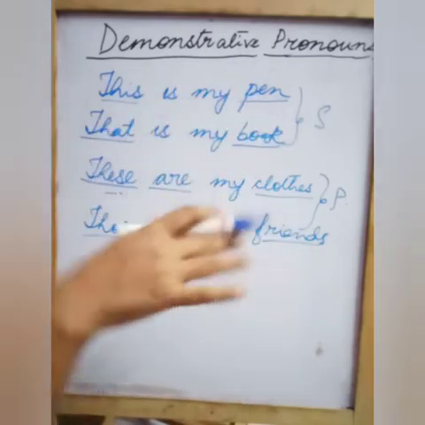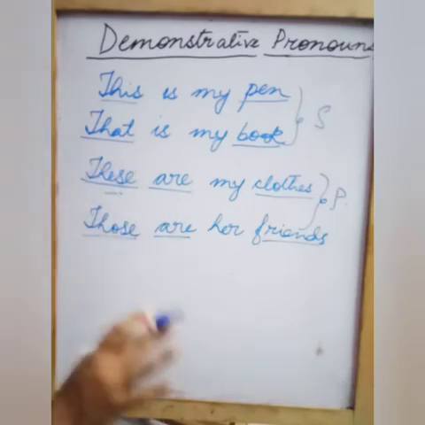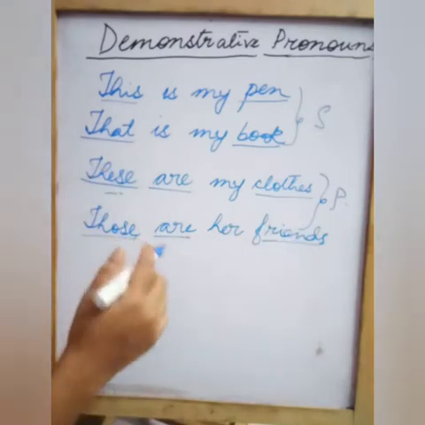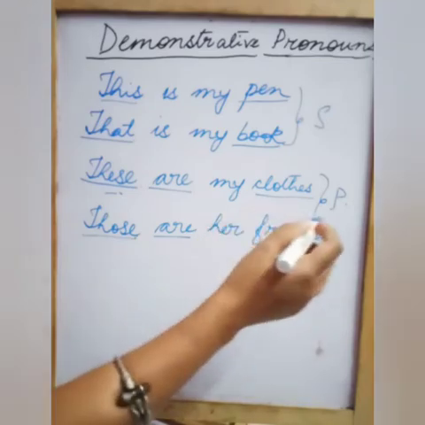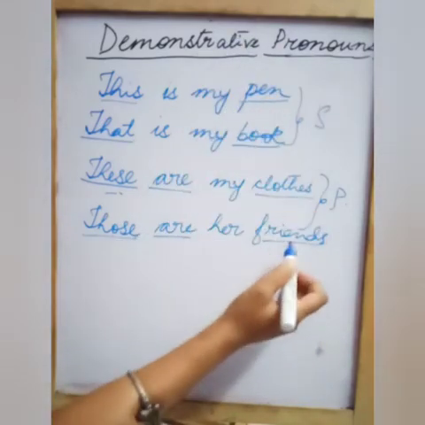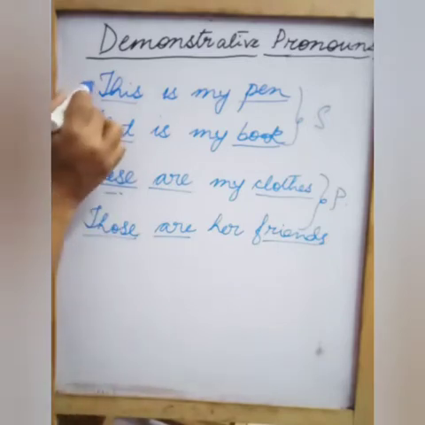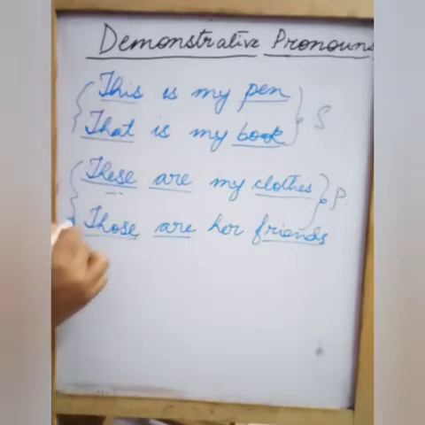Standing maybe somewhere far away from her, but they are visible. Or I can say those are my friends also. So I am pointing out to my friends who are farther away from me, and there are many friends, not one. Fine. So see these words, this, that, these, those.